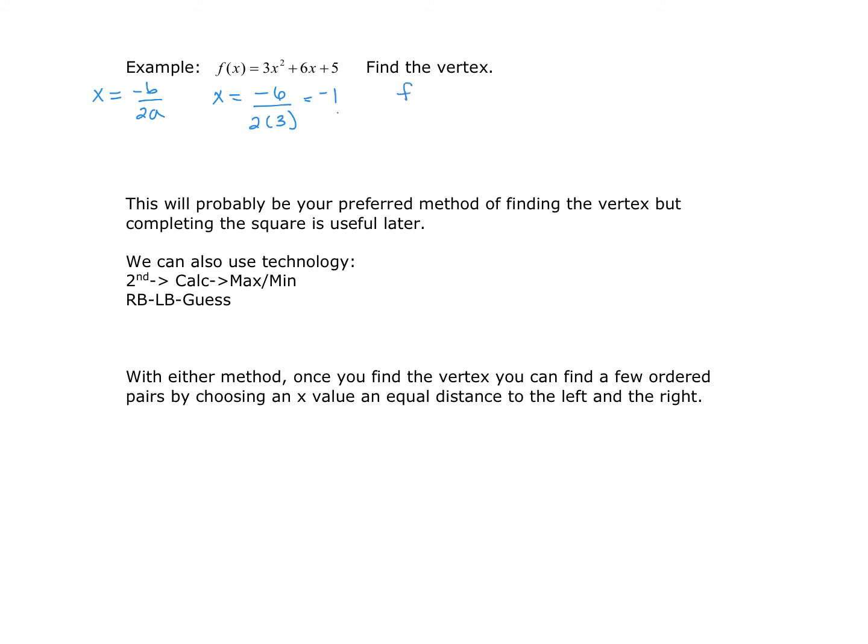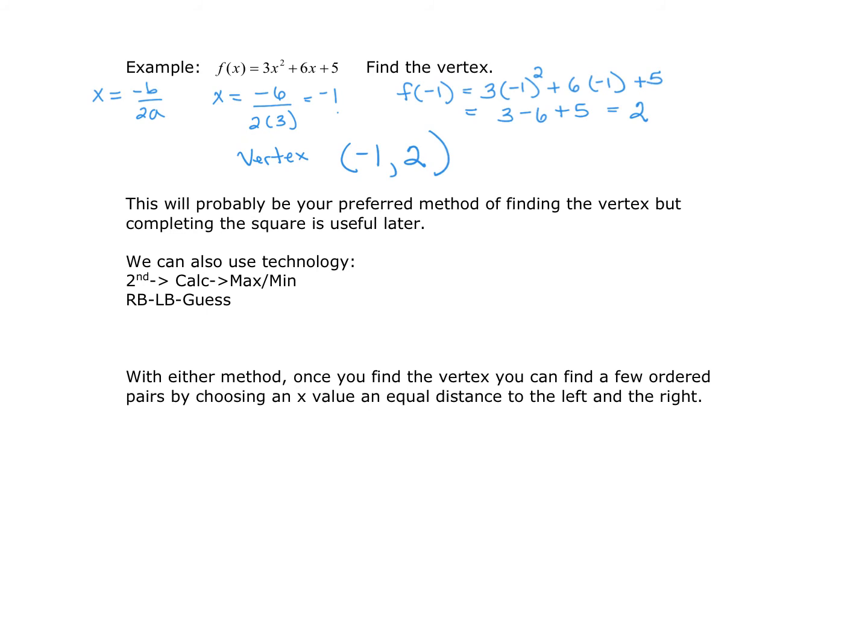And then I'm going to find the function value at -1: 3 times (-1) squared, plus 6 times -1 plus 5, 3 minus 6 plus 5, and get 2. So our vertex in this case is x is -1 and y is 2.